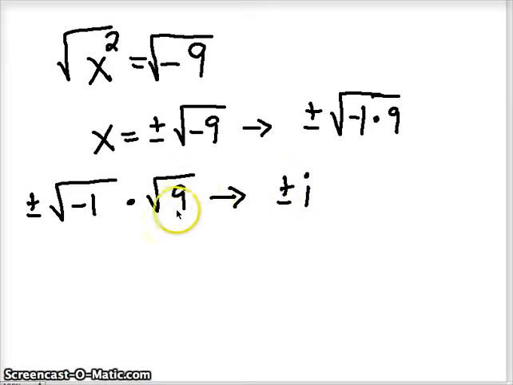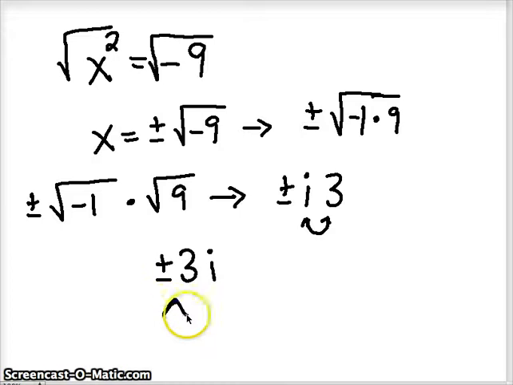And we'll rewrite the square root of 9 as 3. And then we just got to make sure we put it in the right order. So write the real number first, so plus or minus 3, and then the imaginary number last. So really this is two different answers, right? We got positive 3 times i, but we also have negative 3 times i.